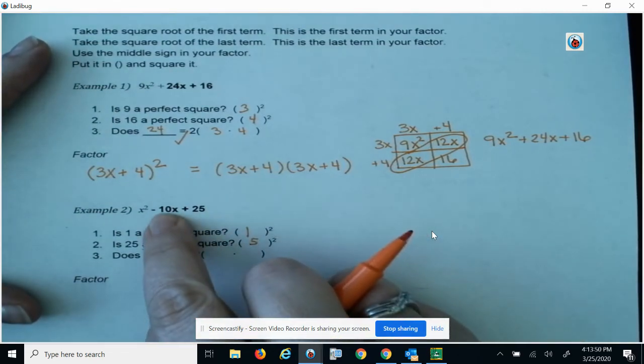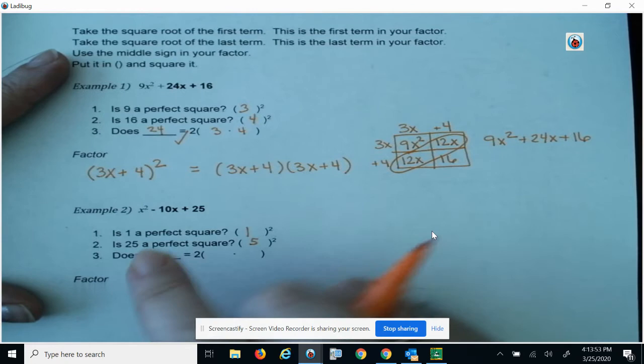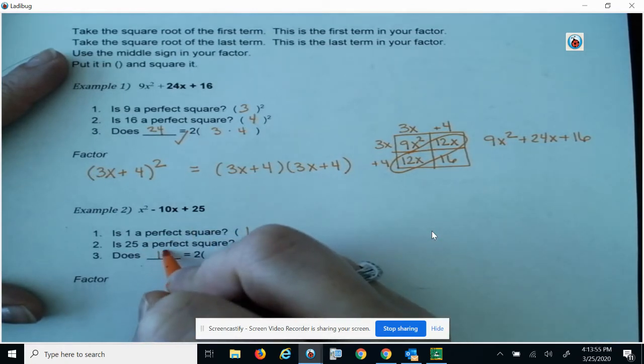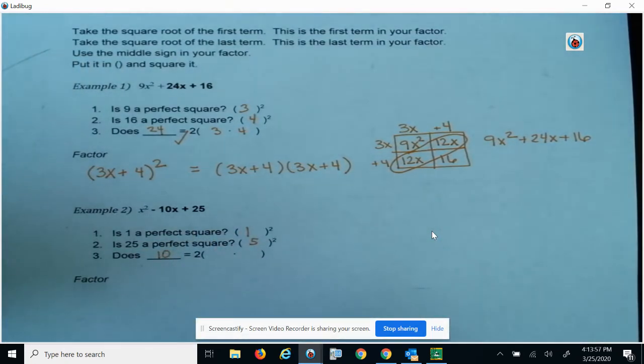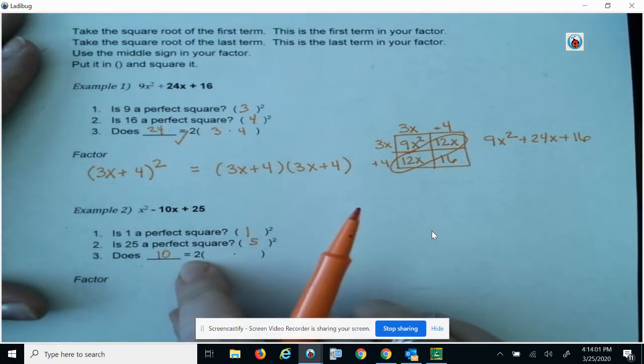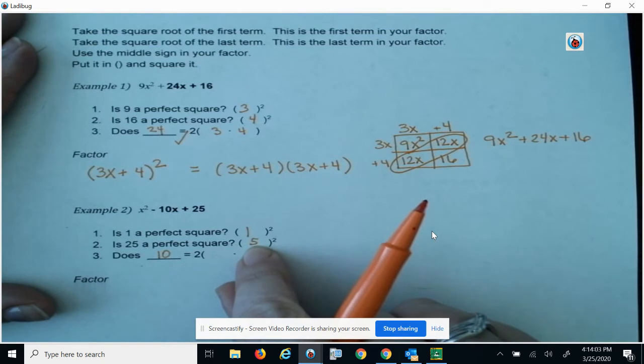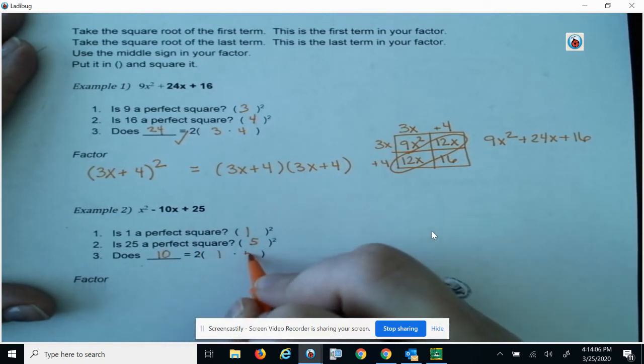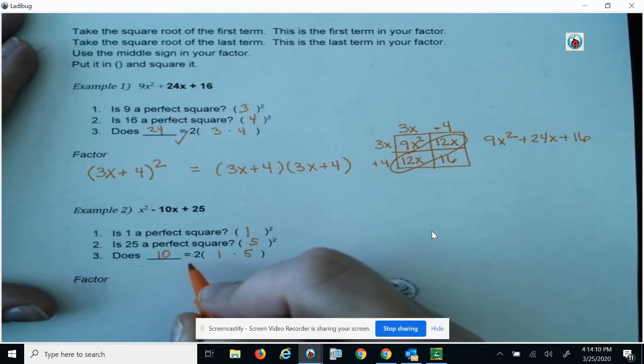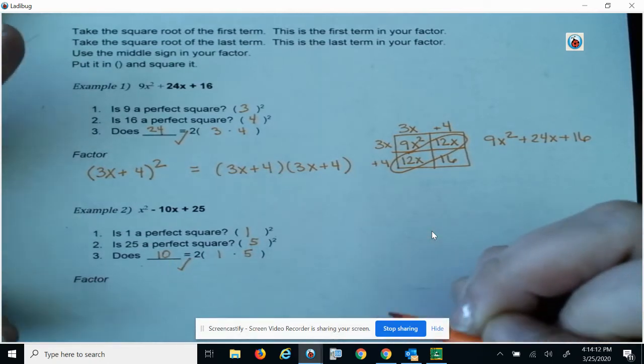And then we're going to check our middle number. Does 10 equal 2 times 1 times 5? We're going to ignore the plus or minus until we use it for our factor. 1 times 5 is 5, times 2 is 10. Yes, it's a perfect square.